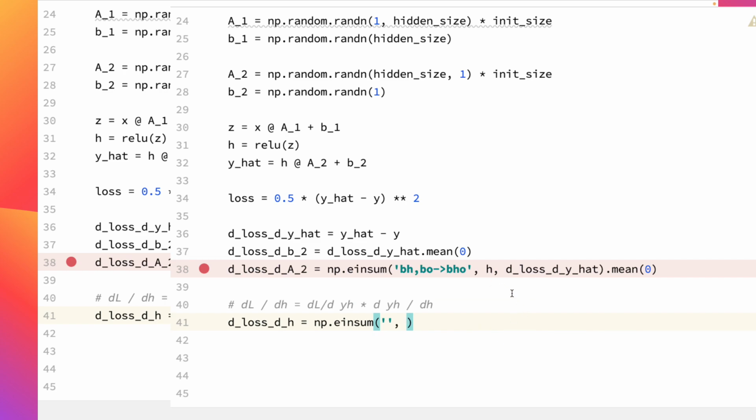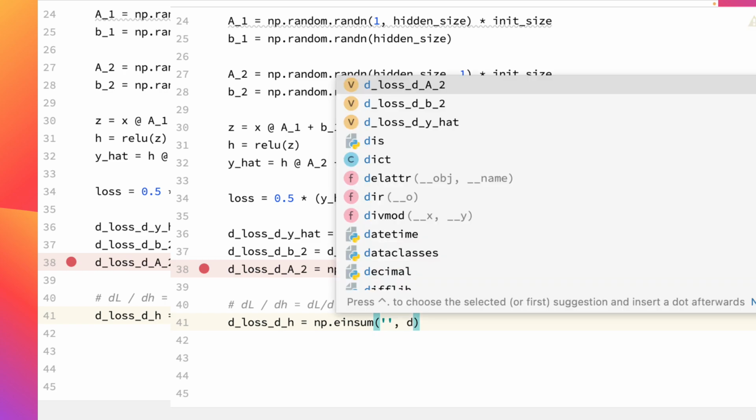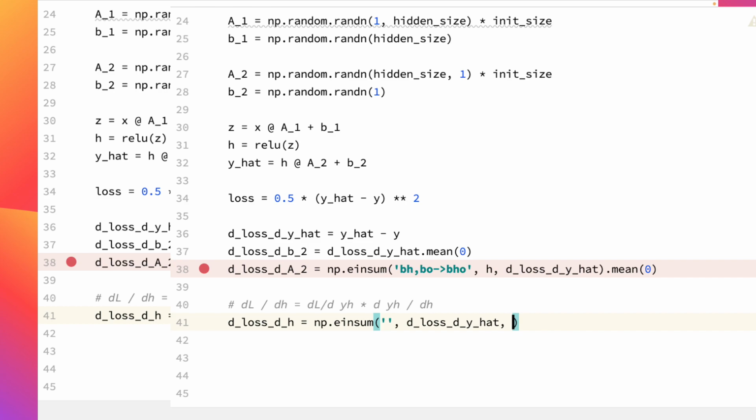So we're going to need d loss over y hat, and we're going to need A2. Now we're going to count dimensions because it's all linear, so just by counting the dimensions we'll be able to work everything out. So d loss over y hat is batch by 1, right?